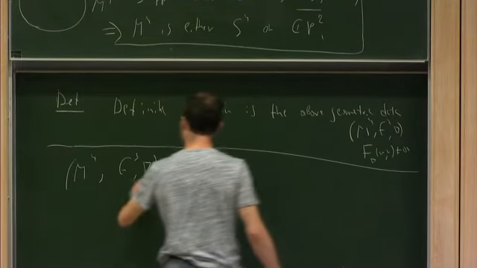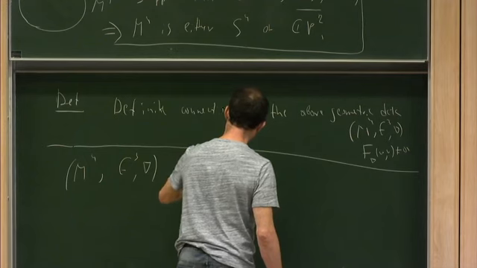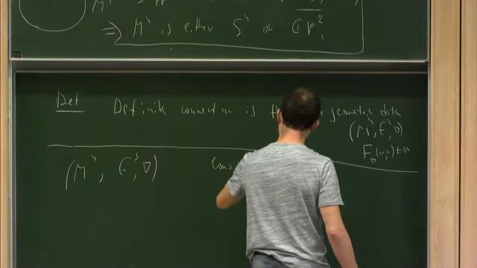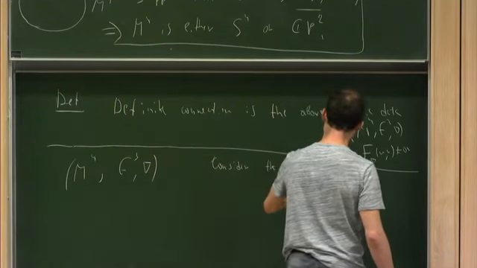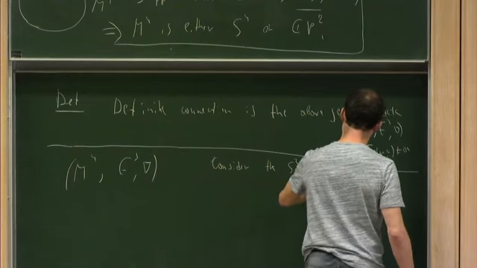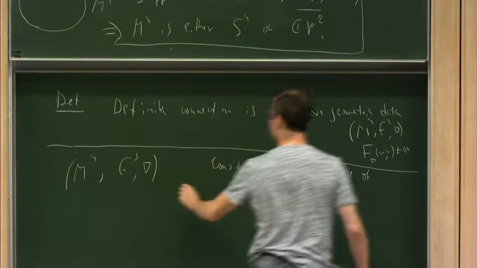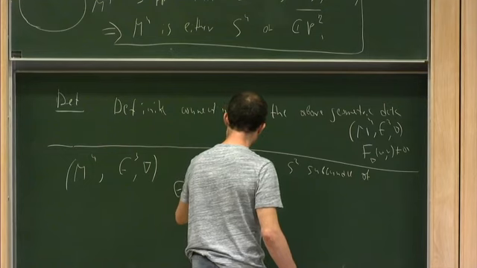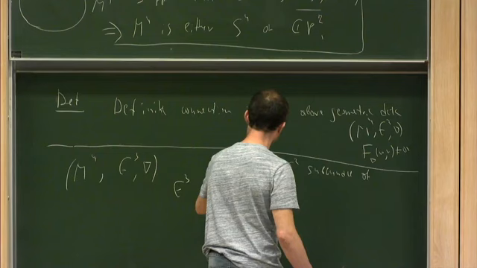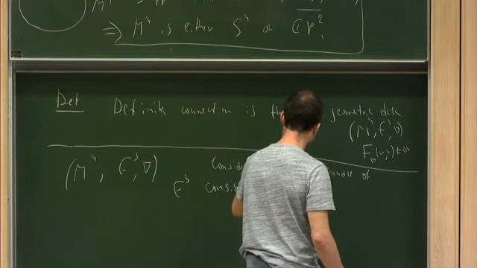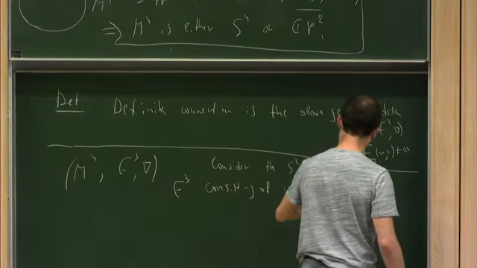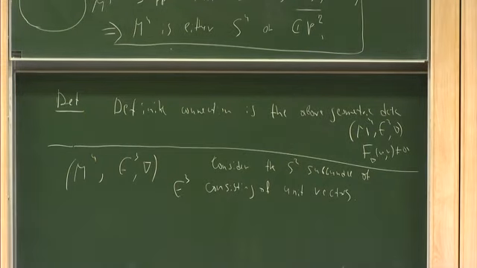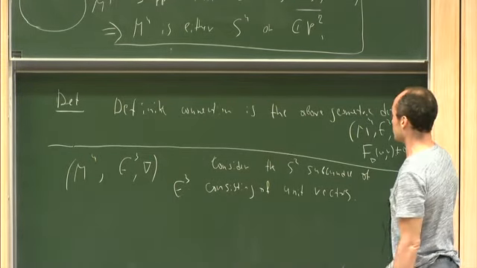We consider the S2 subbundle of E3 consisting of unit vectors, and this gives us an S2 bundle.